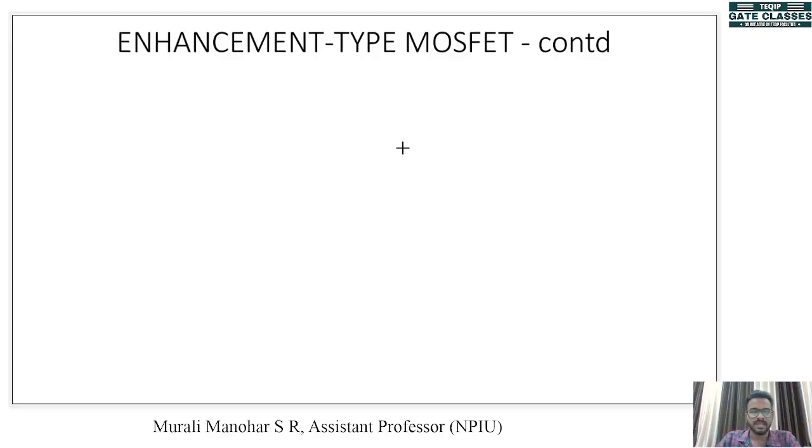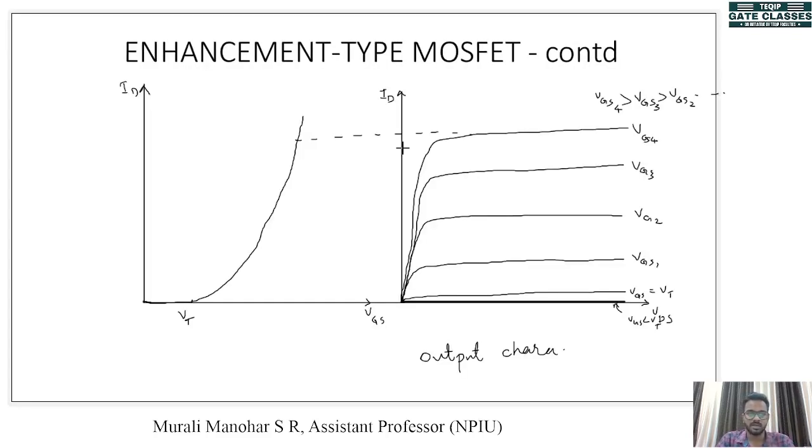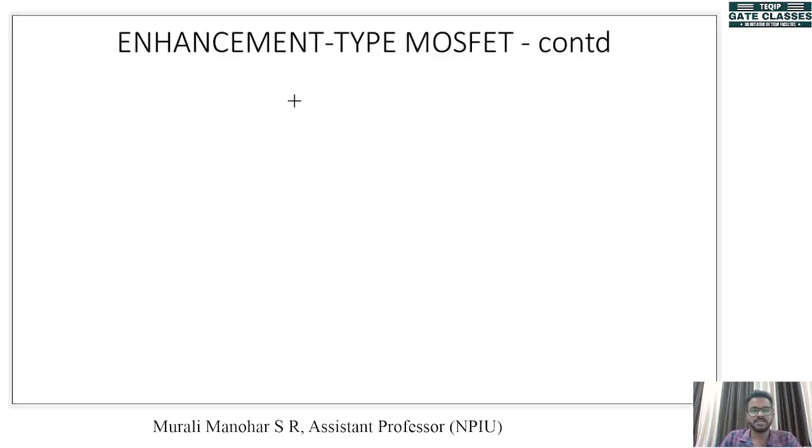Now this enhancement type MOSFET is completely different. We can see that it operates for VGS greater than 0. It has characteristics that are different from our previous FETs. Because of that, it doesn't obey Shockley's equation. It obeys its own equation, that is ID is equal to some constant K into VGS minus VT the whole square.